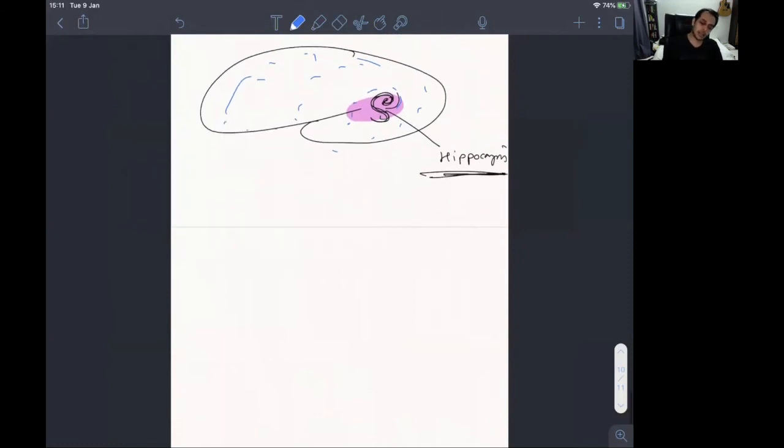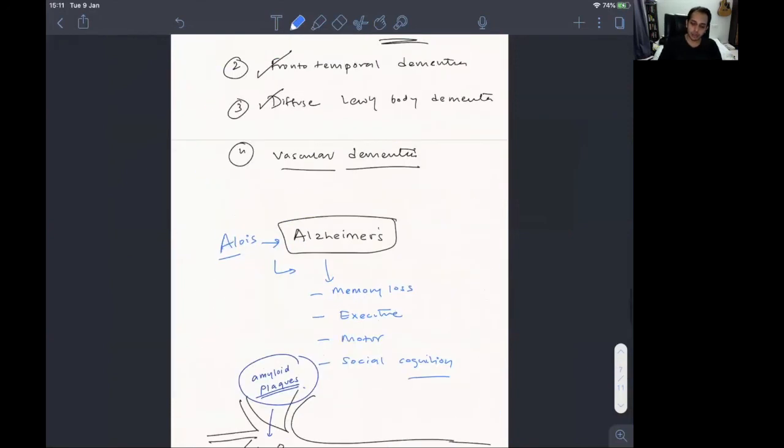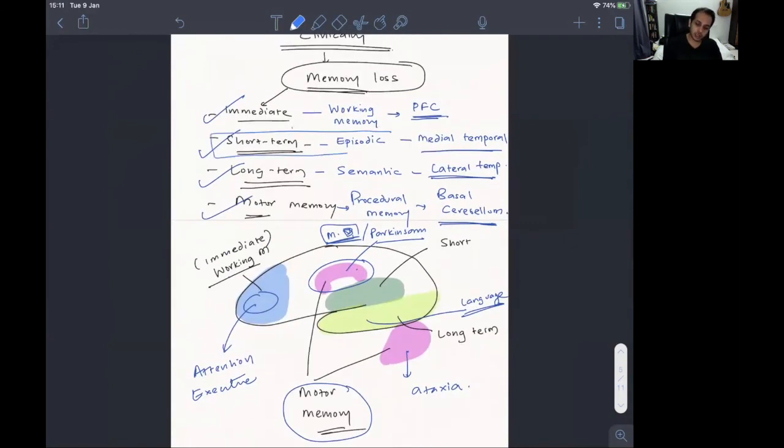So in Alzheimer's, the first complaint that somebody comes with is a medial temporal problem, because the hippocampus is in the medial temporal lobe. And if you remember, the medial temporal lobe is responsible for your short-term or episodic memory.